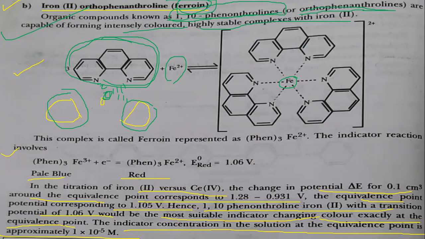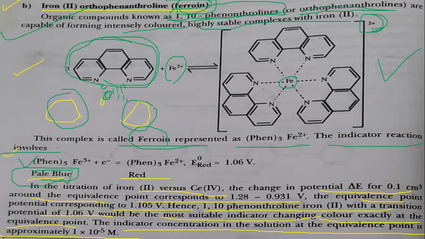Okay, this is the tentative bond you can say. And Fe2+ as it is over here, the whole complex carries a 2+ charge. So this complex is called ferroin. This is the ferroin indicator, which you are using as an indicator. See here, it is pale blue in color in the oxidized form.